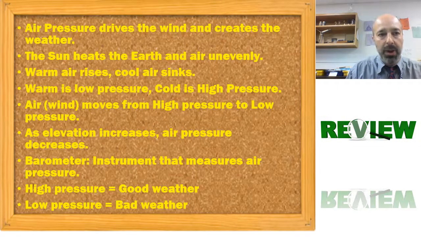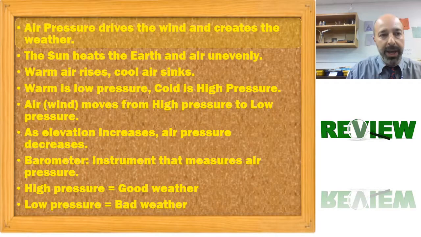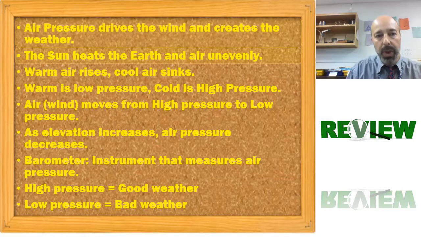All right, so what we learned today is that air pressure drives the wind and creates the weather. The sun heats the earth and air unevenly. That's kind of the starting point. Warm air rises, cold air sinks. That's convection. Warm is low pressure, cold is high pressure.